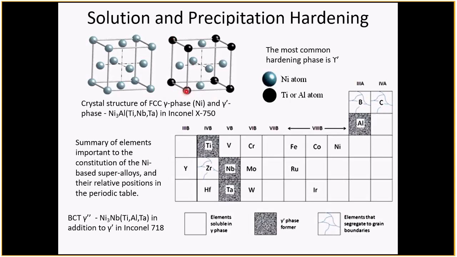If you displace one of these aluminum atoms into that site by the passage of a dislocation, it creates what's called an antiphase boundary. On the slip plane that we're talking about, the atoms are out of sync with all the other atoms in the ordered structure, and that creates a stacking fault.